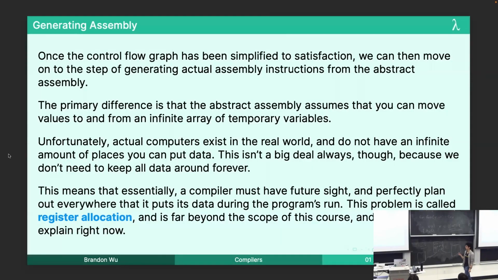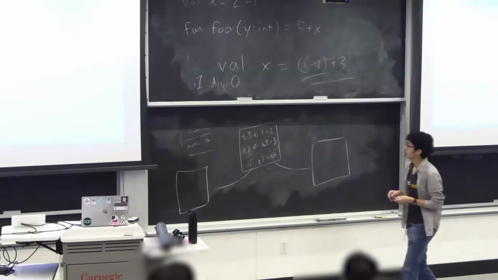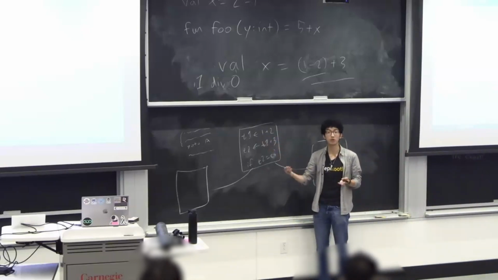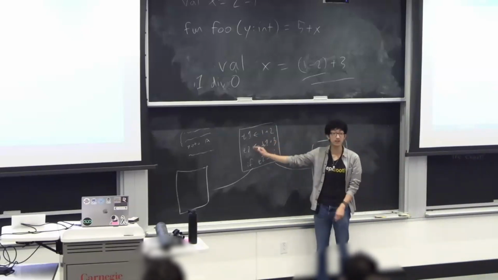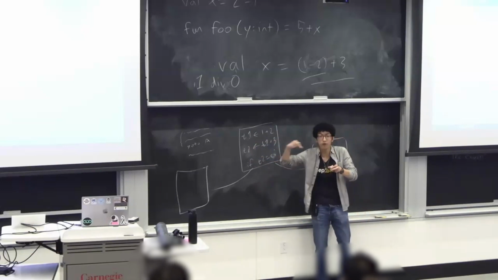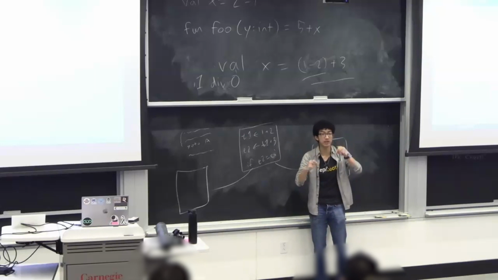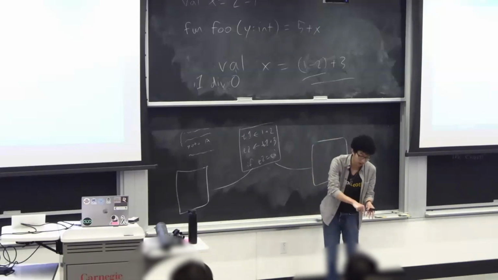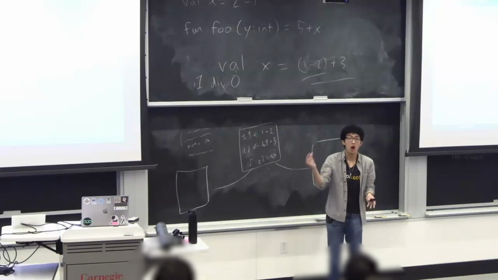It's far beyond the scope of the course and my ability to explain, but I will give you an analogy in a second. I want to put my data in some register. At some point, I no longer need that data, at which point someone can overwrite it. But it's a synchronization problem where I need to know exactly when I can overwrite that data, and overwrite optimally.